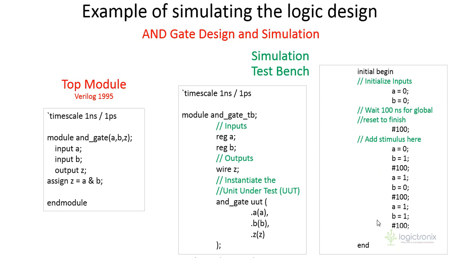While the simulation runs, it will generate the corresponding output Z. If A is 0 and B is 0, then Z will be 0. A is 0, B is 1, again Z is 0. 1 0, again 0. 1 1, there will be a 1 value, because we are doing an AND gate. So this is a very basic logic gate.